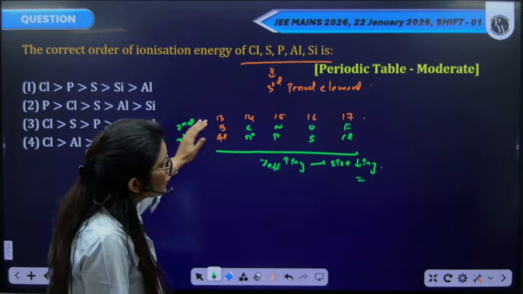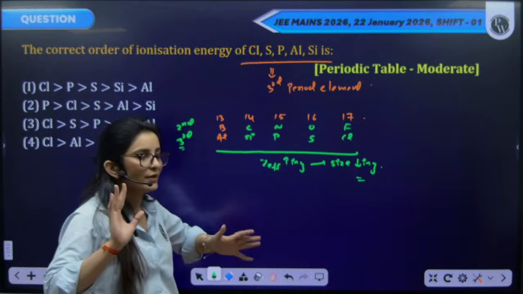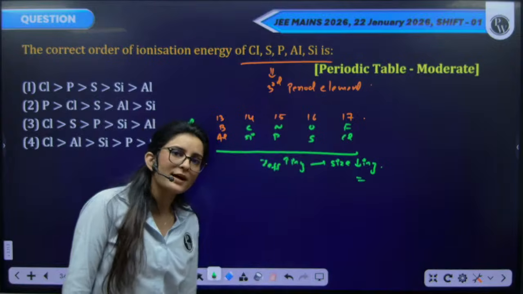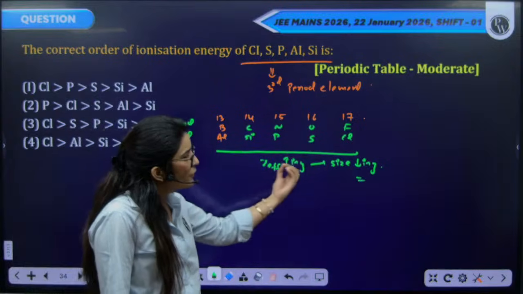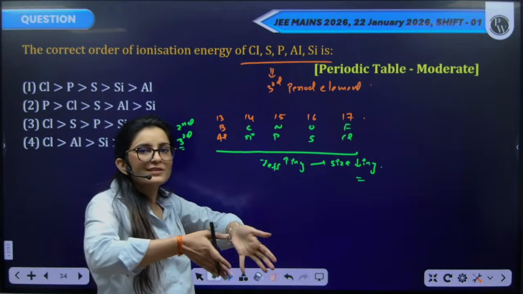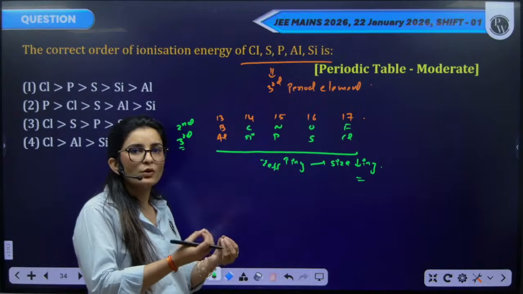Means you have to send the electron from the outermost shell to n equals infinity. Okay, so whatever amount of energy will be required at that time, that will be called the ionization energy. So as you are moving left to right, size is decreasing. Obviously the closeness of the electron to the nucleus is increasing, so you will have to provide more energy to remove the electron.